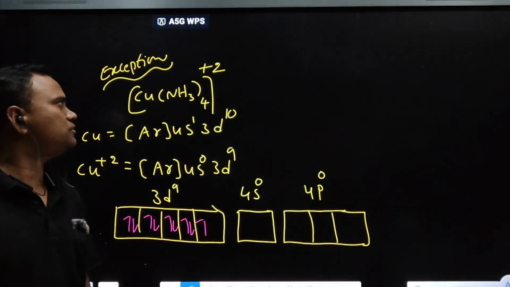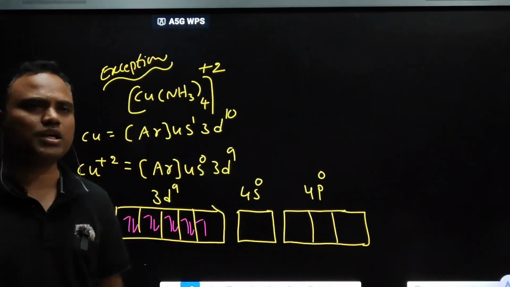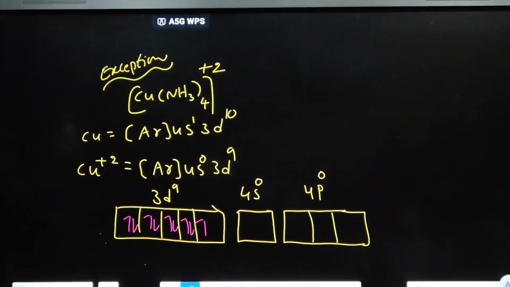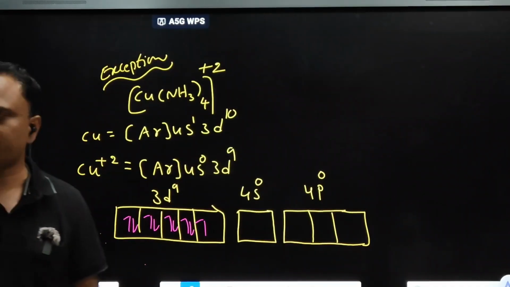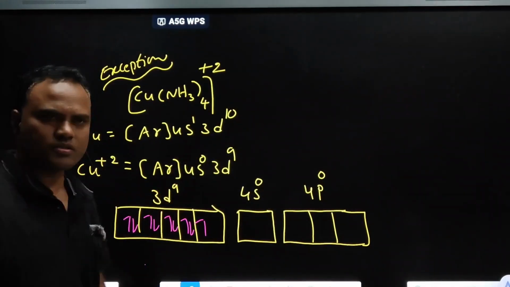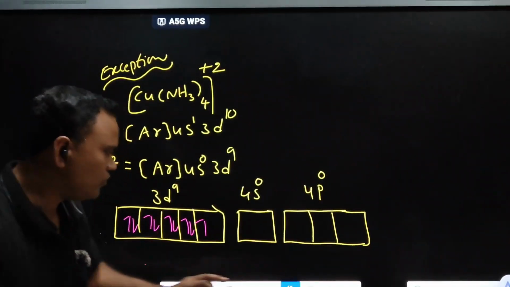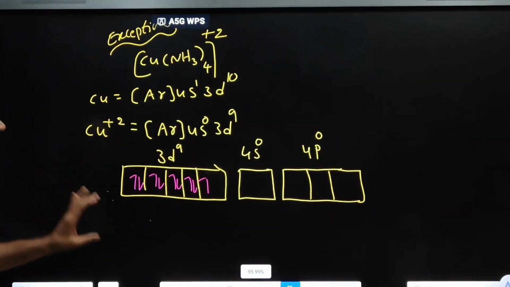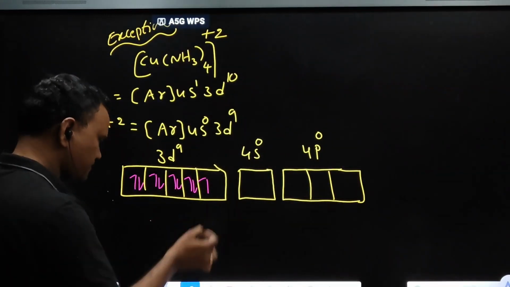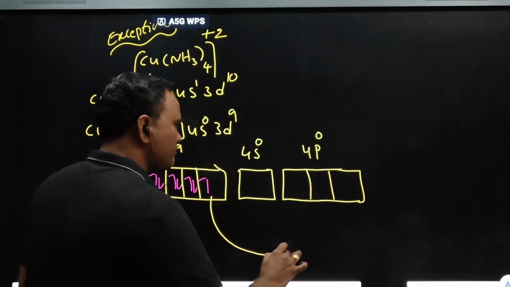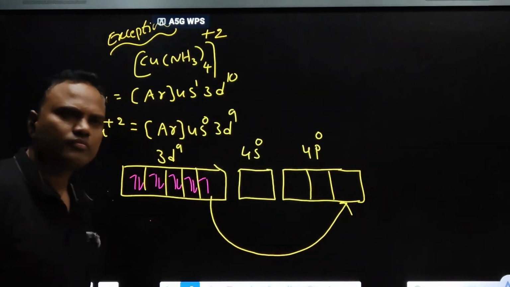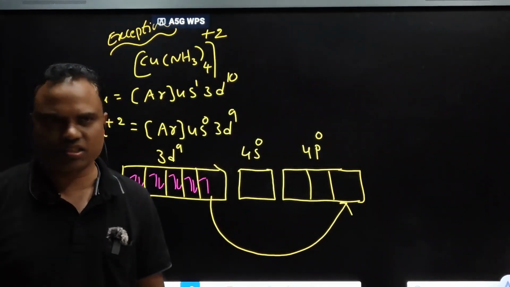In copper, NH3 taken 4 times. Tetraamminecopper(II), okay, oxidation state is plus 2. In this complex, this is also a very important exceptional case. One electron will jump from d to p. I'll tell the reason also.